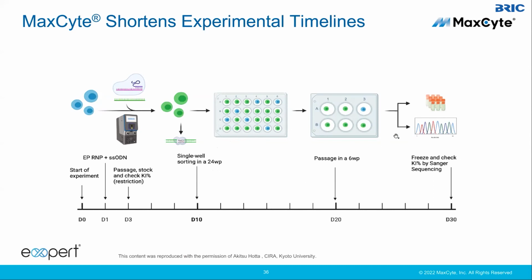And then by day 30, we would be able to freeze and check the knock-in efficiency by Sanger sequencing. So within a month, you can get your desired clone of iPSCs with the correct base pair substitution by SSODN and CRISPR-RNP electroporation.